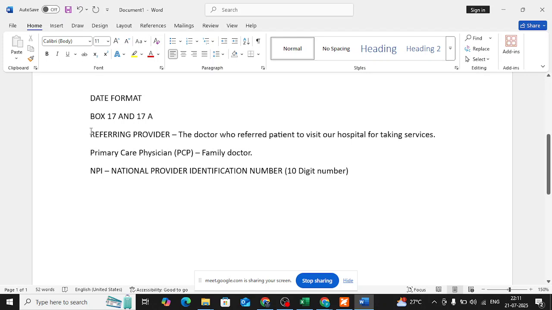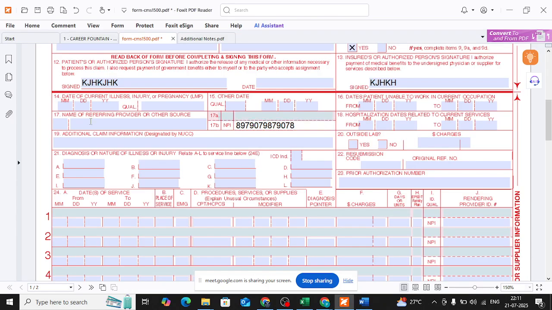So we have to enter these two details about the referring provider, that is his name and his NPI, in box number 17 and 17A. Consider that, Debbie, whatever name.